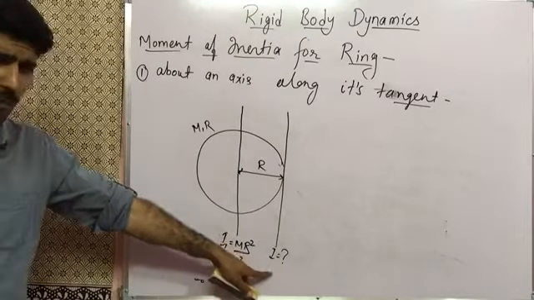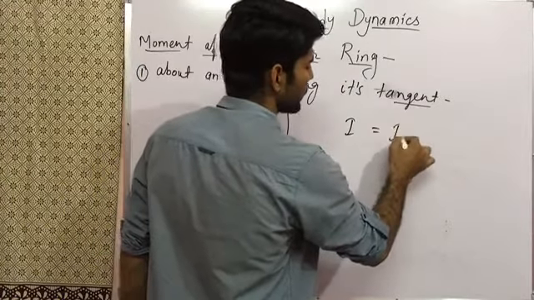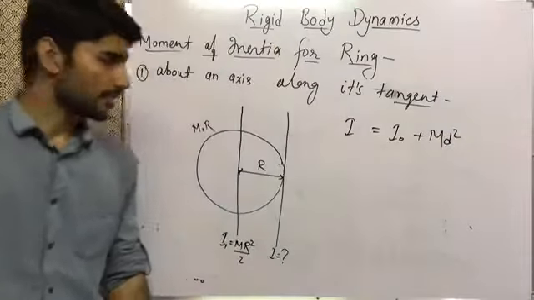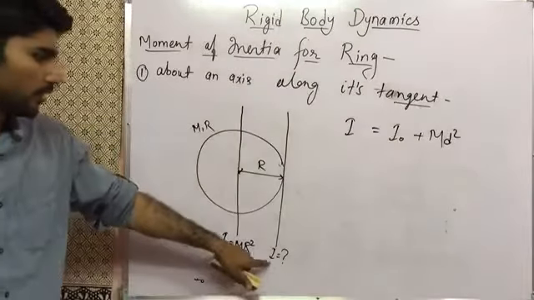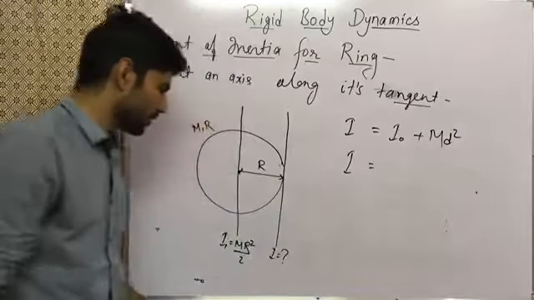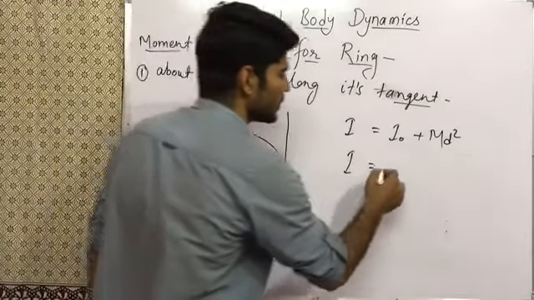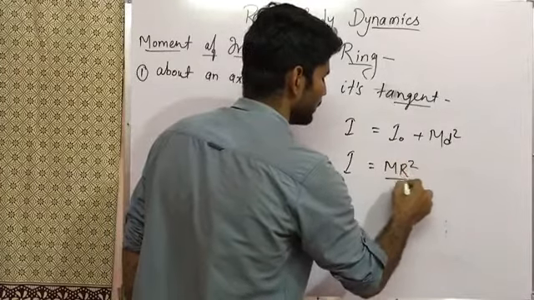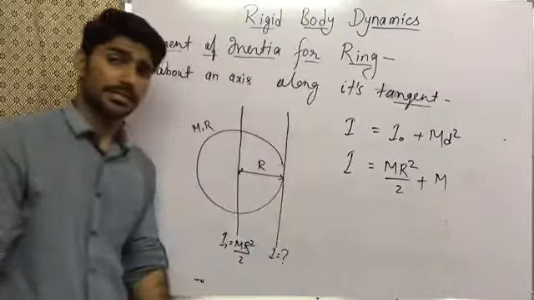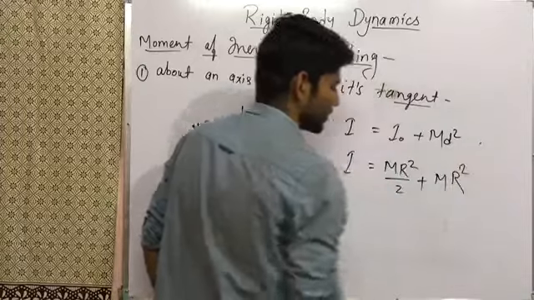So we can use the parallel axis theorem, which says that the moment of inertia about an axis is I naught plus mass times the distance between the two parallel axes squared. Here this is the axis about which we need to find the moment of inertia I. The I naught, that means the moment of inertia about the main axis, is mr squared by 2, plus the mass of the ring, capital M, and the distance between the two parallel axes, capital R, squared.